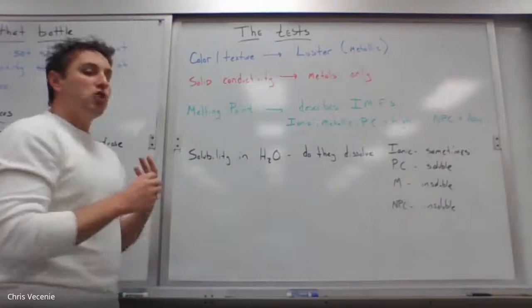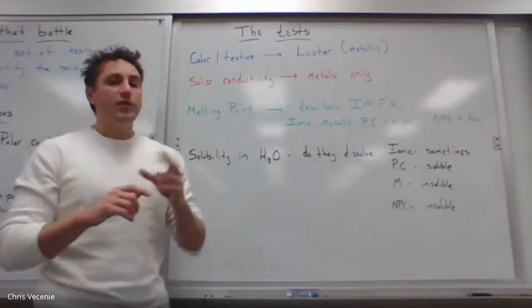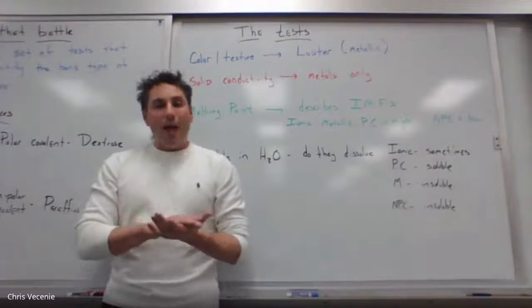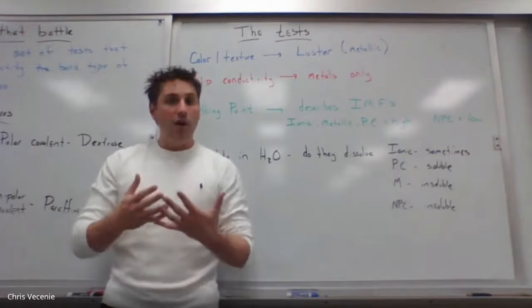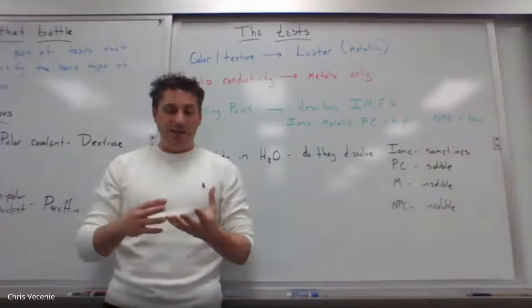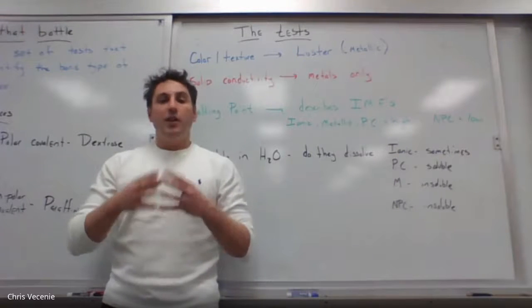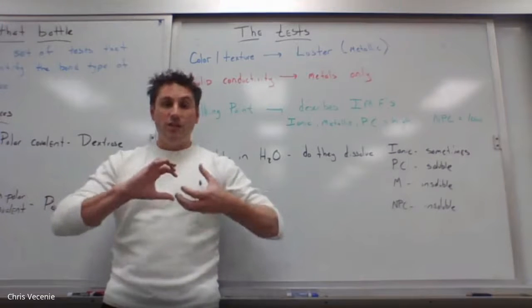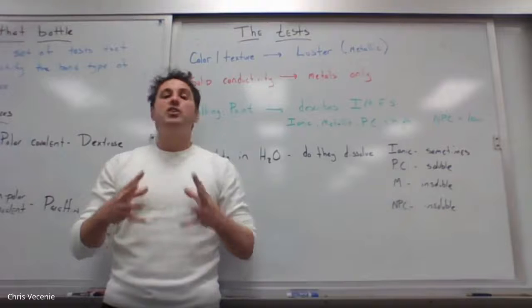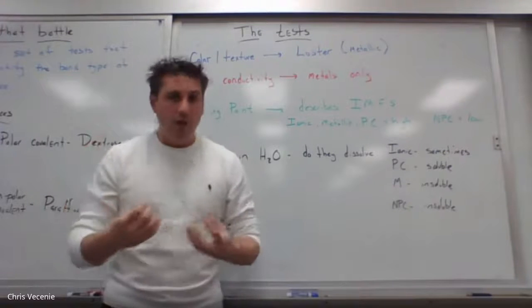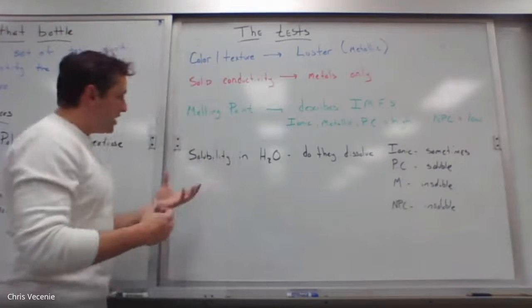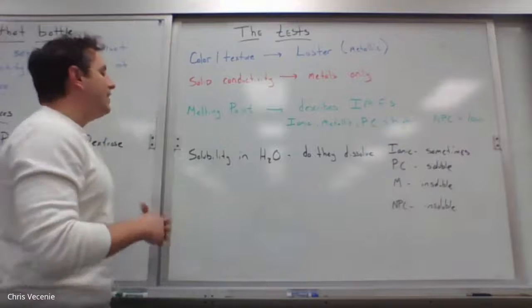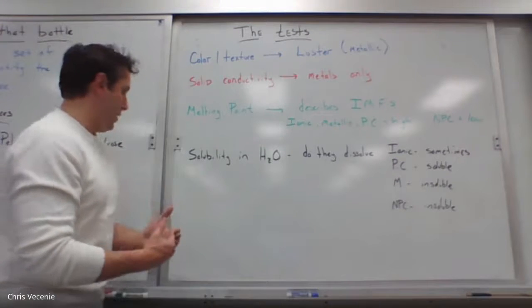Then we get into some solubility stuff, because we know there's this idea that like attracts like and like dissolves like. And what we mean by that is substances that are structurally built like each other can form interactions. And because they can form interactions, we can break them down. So here's a series of solubility tests that will help us narrow the field for the bond type.